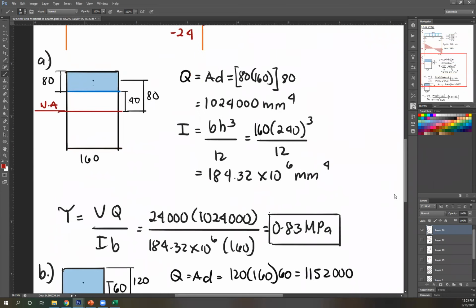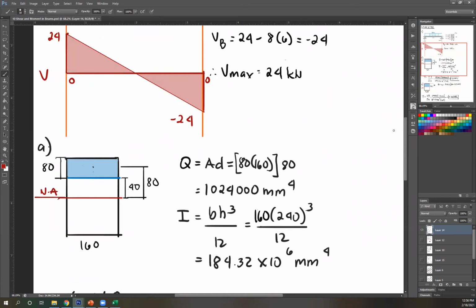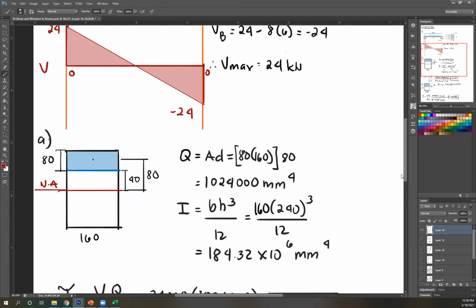So 24 times 1,000, 24,000 newtons. Next, Q. Q is just AD. A is the area above or below your fiber in question. The fiber that I choose for glue is this section. Again, this and this are the same since they're equidistant from NA. So I'm just going to use the upper one.